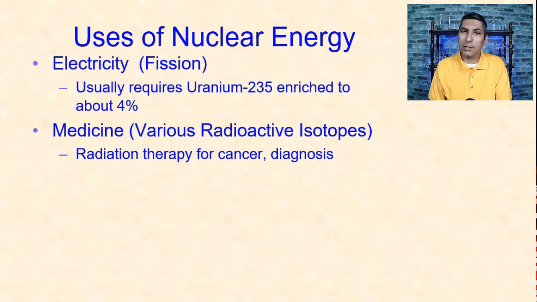Also, diagnosis. Some of you may have had some sort of a diagnostic process, perhaps an MRI, and perhaps before that MRI, they ask you to drink some sort of disgusting milkshake, basically. And this disgusting drink basically has an isotope of barium in it.